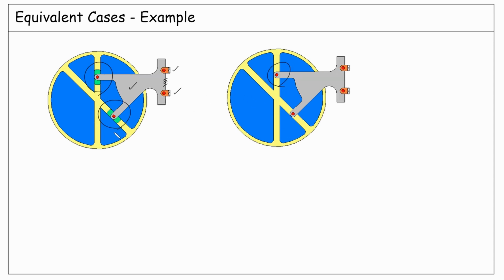Similarly, here we have the same situation and we can replace it by a pin on a slot as well. This way, for the original system, the degrees of freedom is 3 times 3 bodies, minus 2 times J1, which is 4, 2 revolute and 2 prismatic. For the equivalent system, the degrees of freedom is 3 times just one body, minus J2, which is 2 pin on slot joints. And in both systems, the degrees of freedom is 1.